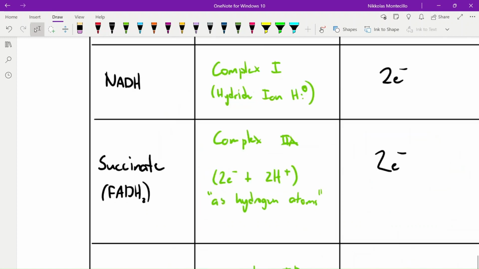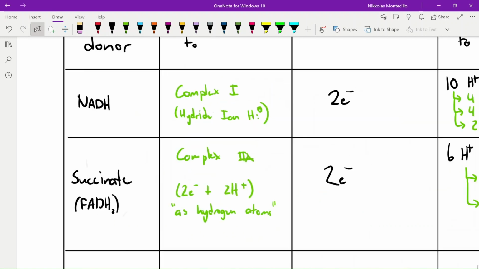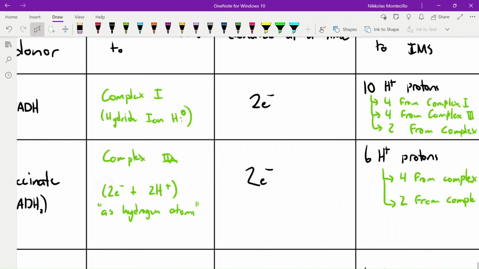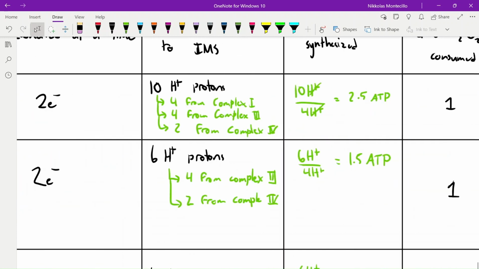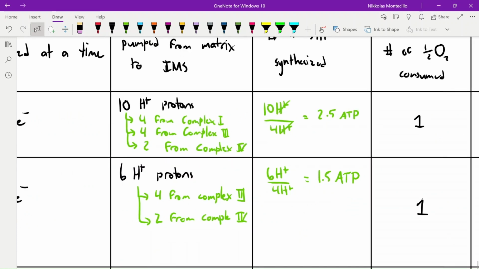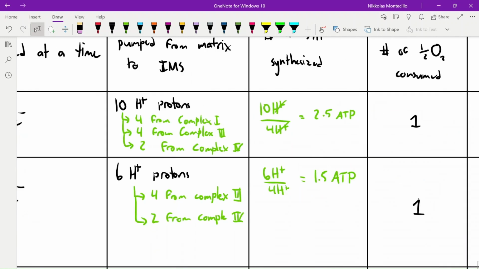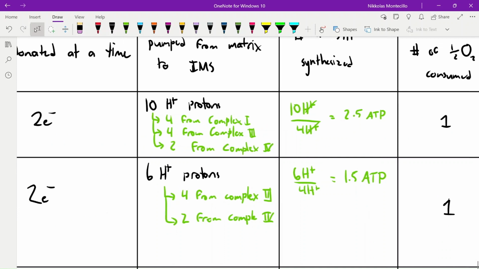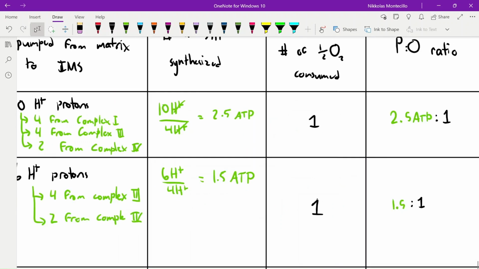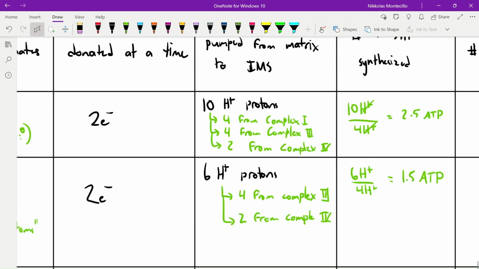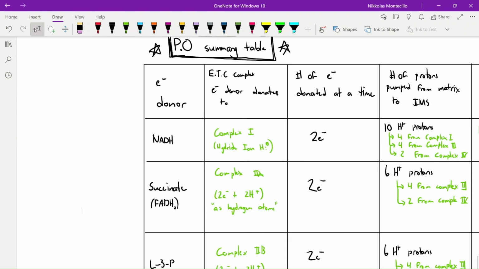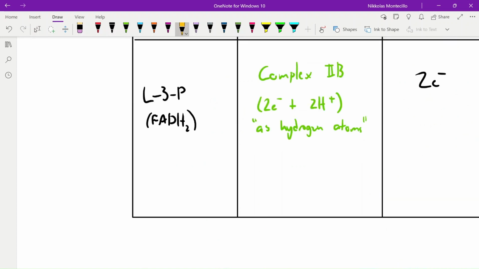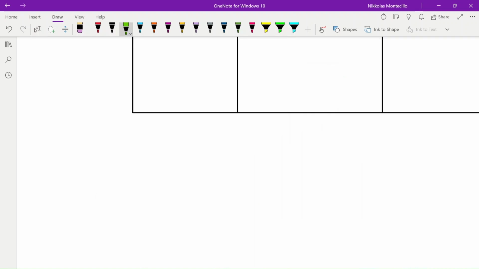FAD transfers its electrons as hydrogen atoms to complex 2A with succinate. Okay, this is with succinate. And 6 of those protons are pumped, right? 4 from complex 3 and 2 from complex 4. We get a P/O ratio of 1.5 ATP, so 1.5. The same thing with complex 2B.